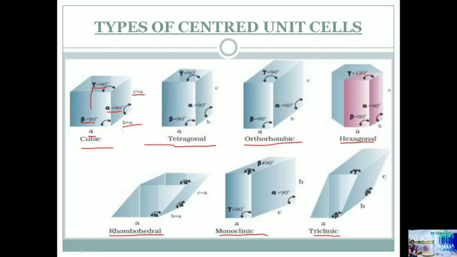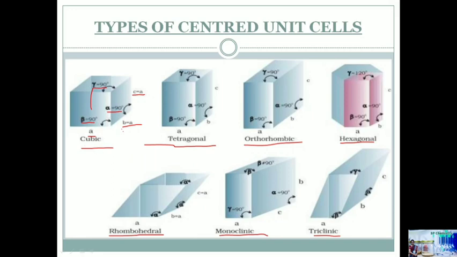Then what are the variations possible? In all the crystal systems, primitive variation is possible, right? Then in the cubic crystal system, primitive, body centered and face centered, these three variations are possible. And as an example of the cubic crystal system, you can remember sodium chloride.